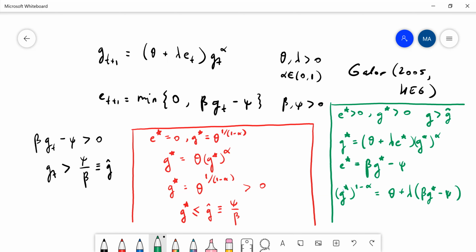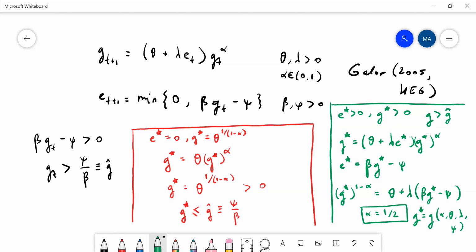Now realize that this is a nonlinear equation, okay? If alpha is 1/2, you still have a chance to solve it because this becomes polynomial. But otherwise, there is no closed form solution, all right? So you can find G star numerically, okay? So that would be a function of alpha, theta, lambda, and psi, okay?